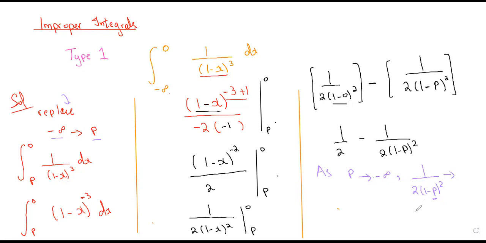We have just done this. Anything divided by infinity is 0. Very good. Excellent. So this would be 0, and this would basically become 0. And the answer is going to be 1 by 2. This would be the answer of the integral.